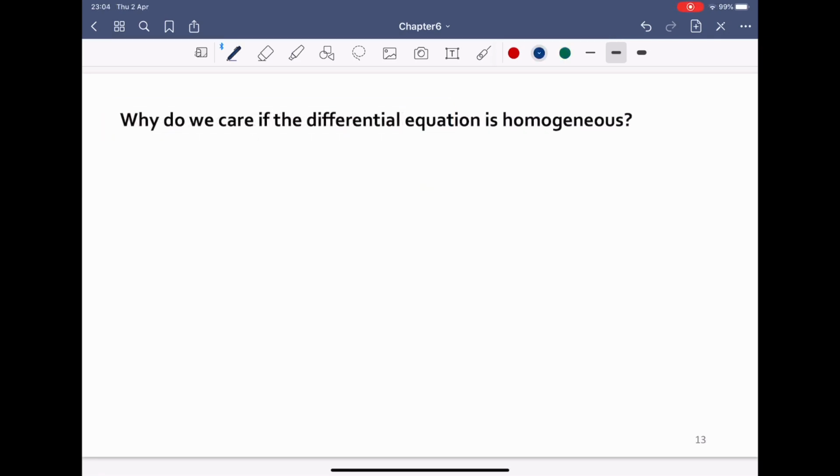Now let's talk about the idea of how to solve homogeneous differential equations.